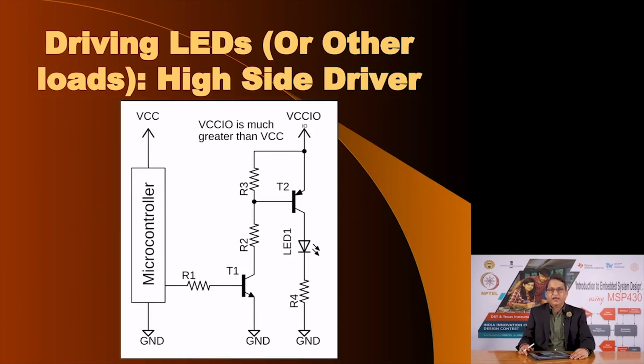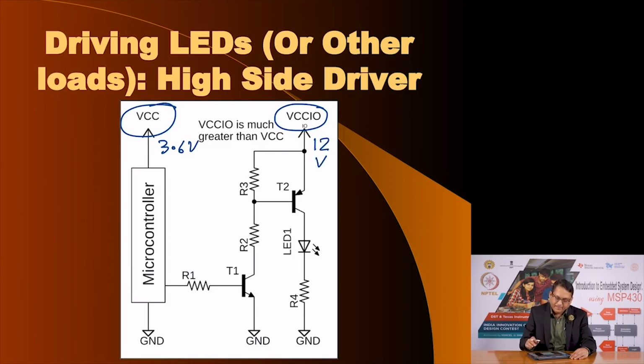Now, in case the supply voltage that we want to connect to the LED is much more than the supply voltage of the microcontroller. Let us take an example that the microcontroller MSP430 has a supply voltage of 3.6 volts, but the VCC which is required to drive the LED is say 12 volts.